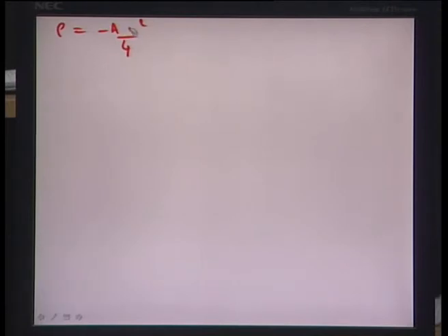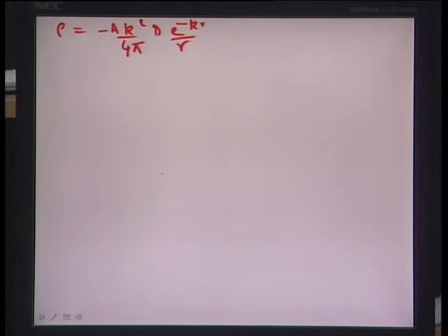So, this k here is a small k. We should not confuse between the two different k's. So, rho is minus A k square by 4 pi times the dielectric constant d times e to the power of minus k r by r.